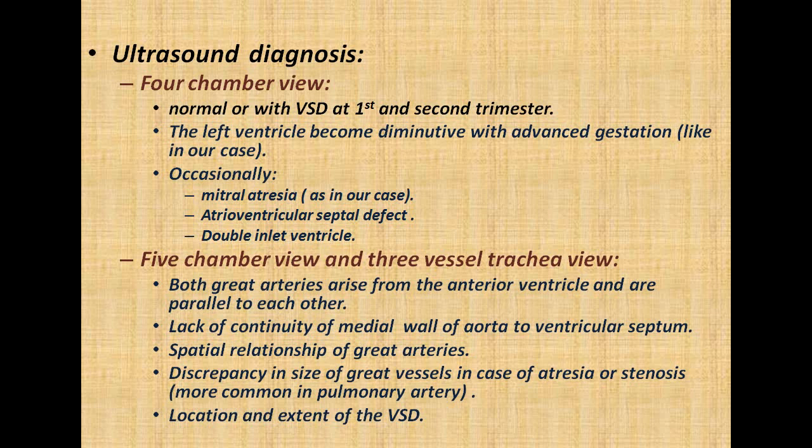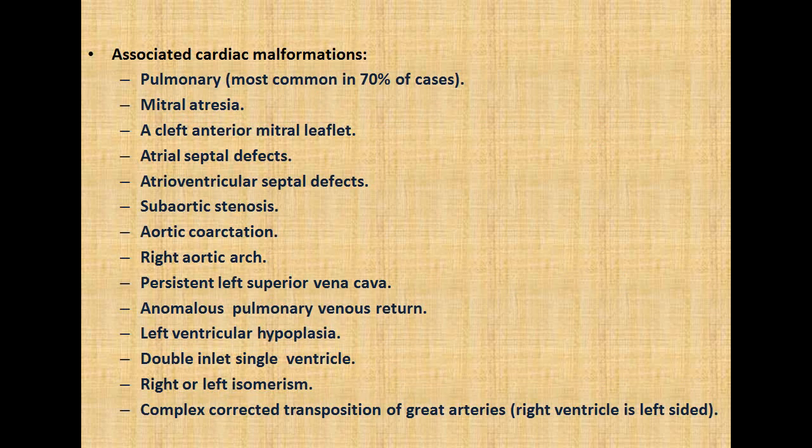So evaluate the ventricular septum, spatial relationship of great arteries, discrepancy in size of great vessels in case of atresia or stenosis, more common in pulmonary artery, and location and extent of the VSD. Associated cardiac malformations: pulmonary stenosis, most common associated finding in 70% of cases.